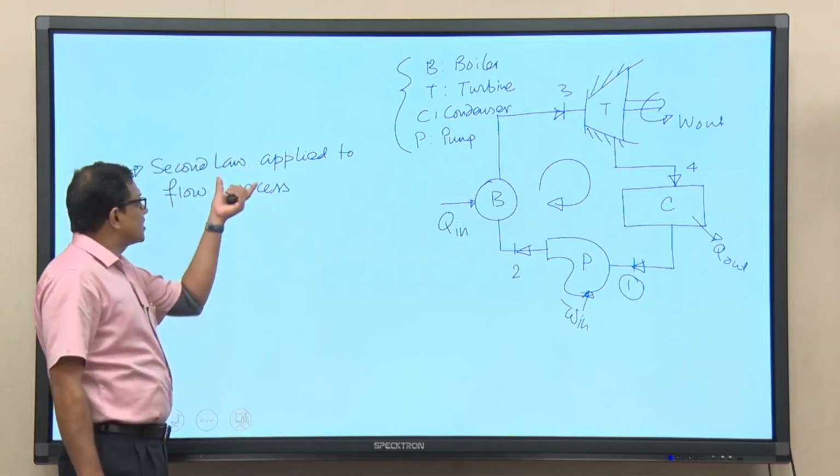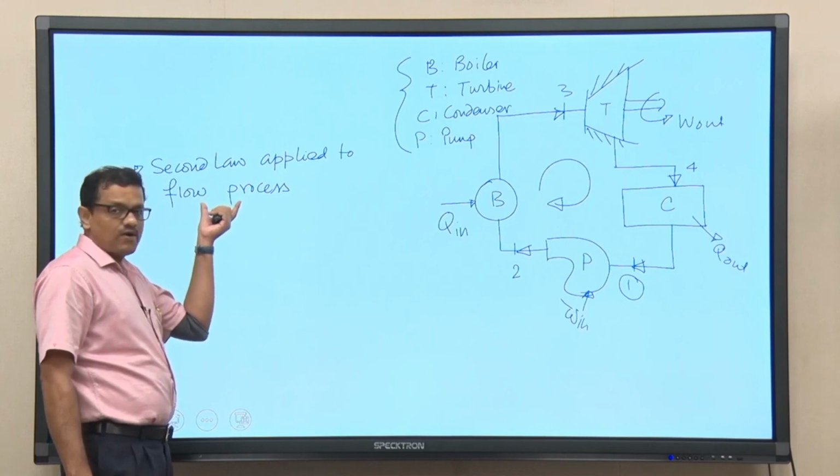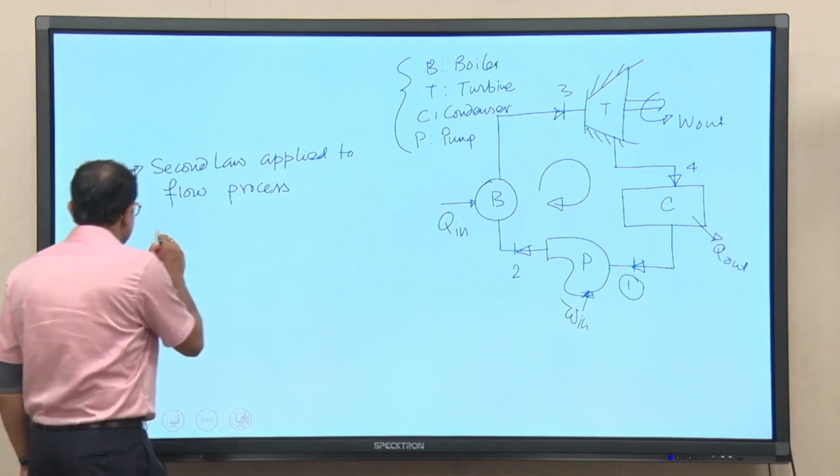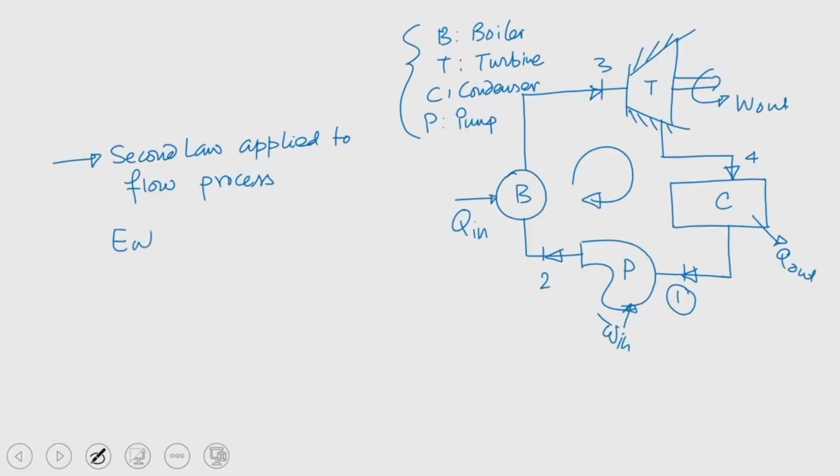Essentially we are trying to apply the second law to a flow process. That means we are trying to look at the entropy transport for a flow process.